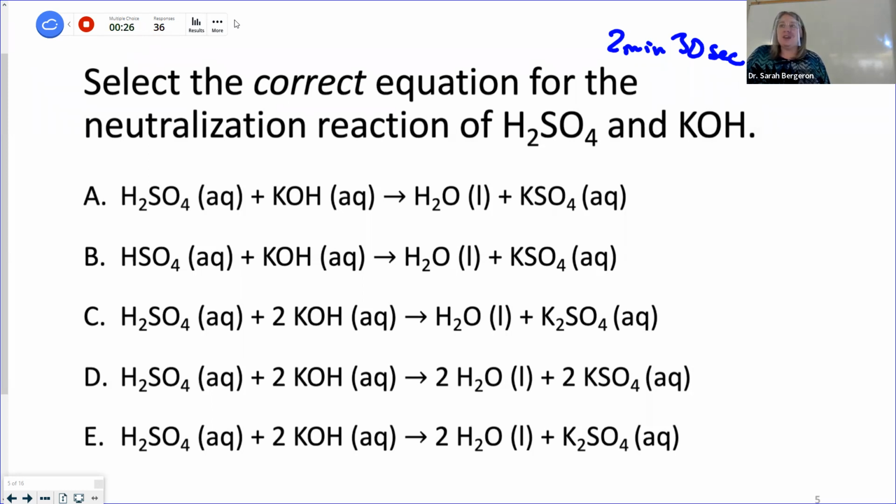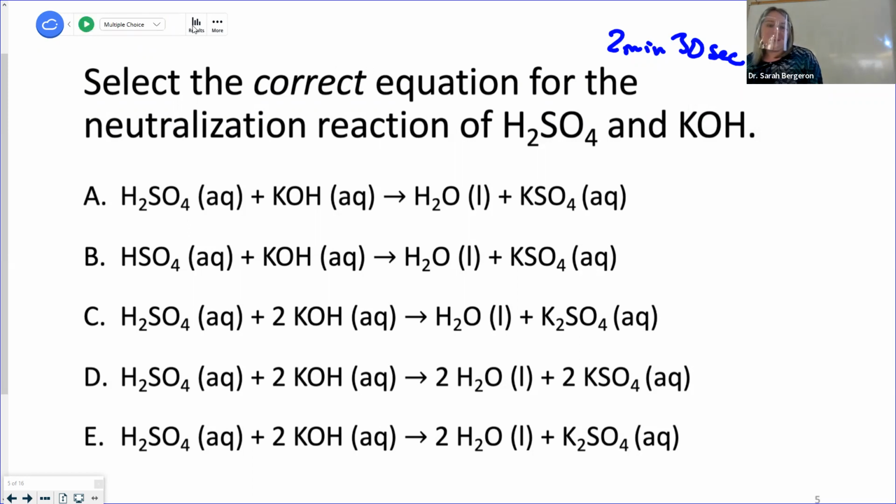Don't forget to do that. 45 seconds for that second click in. Okay, make sure you click in again. We had more than 42. Click in again.